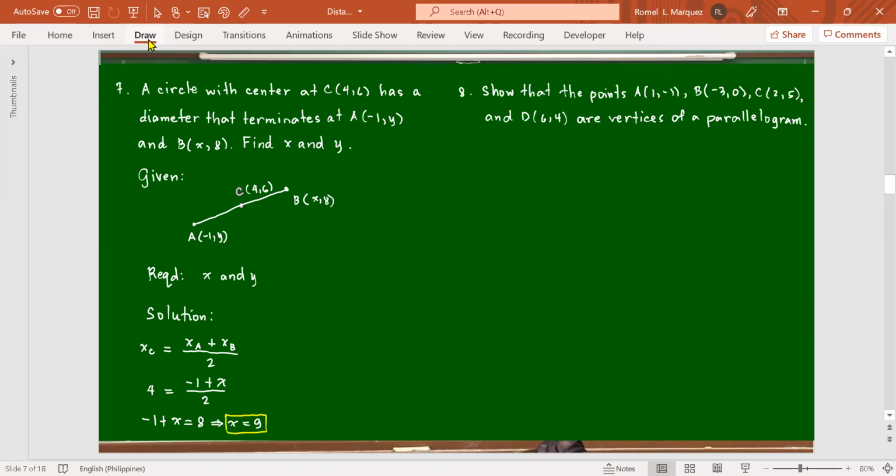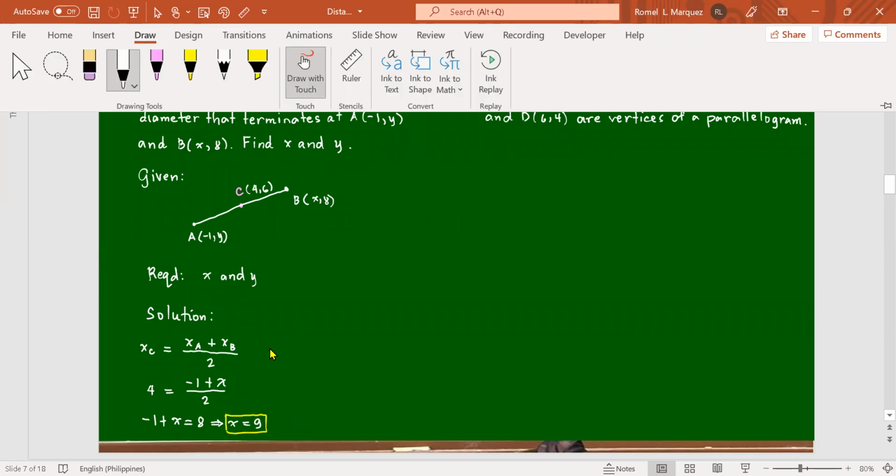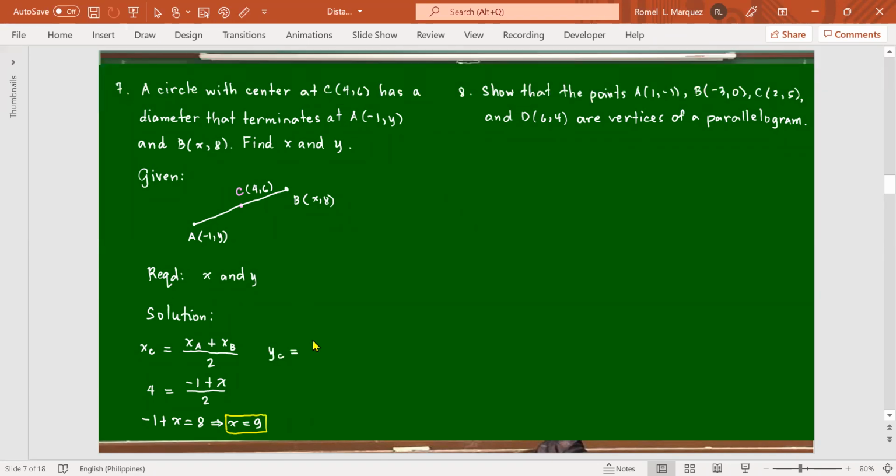What about for y? y sub c is equal to y sub a plus y sub b all over 2. But what is y sub a? That is negative 1. y plus 8, no? All over 2. But what is y sub c? 6.